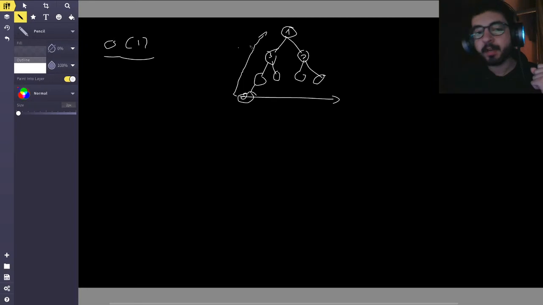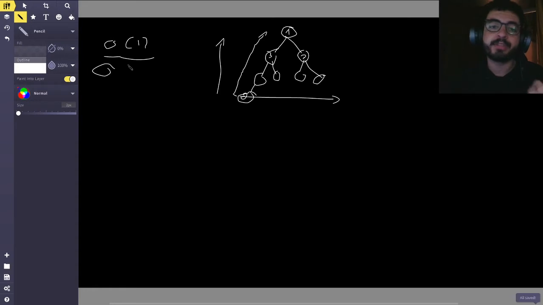Going up a level at a time is basically going through the height of the heap. The height of a complete binary tree is O of log n, because it's a balanced binary tree. So you are doing an O of log n operation to insert, and the delete is also the same.